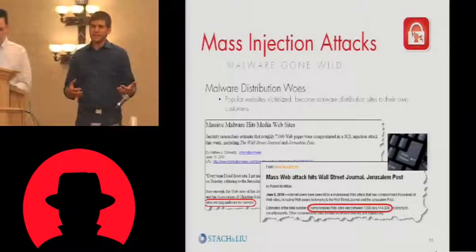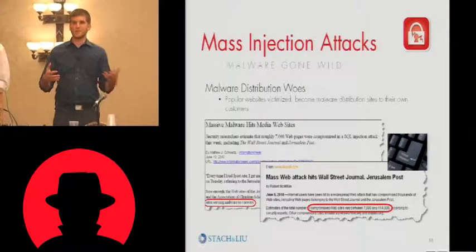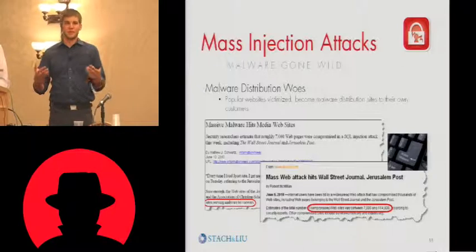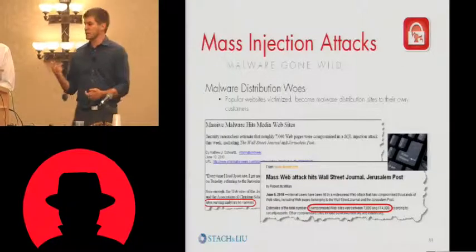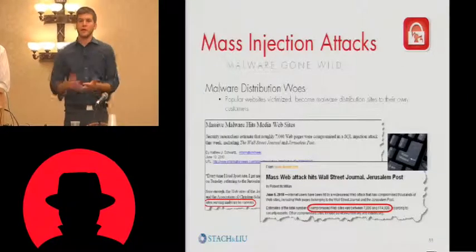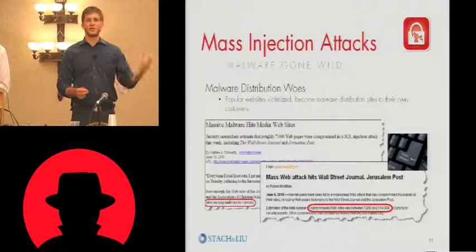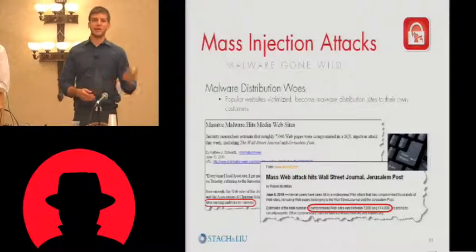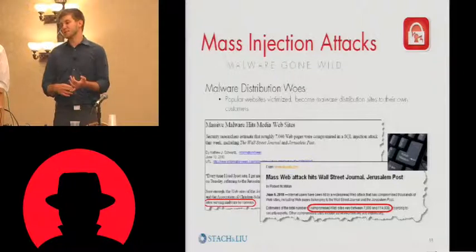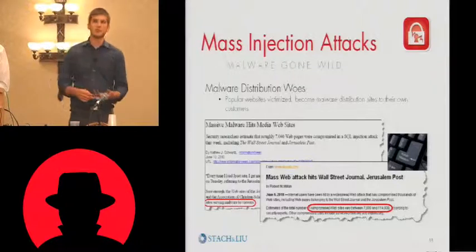Now, we're really seeing recently that malware is going crazy with mass injection attacks. Just last month, there was the Asprox bot that was looking to install malware to steal Asian game passwords that got out of control and infected the ad providers for the Wall Street Journal and Jerusalem Post.